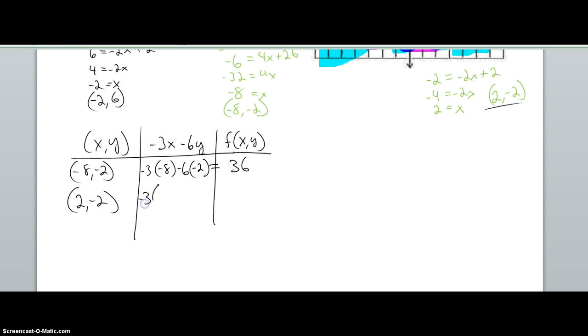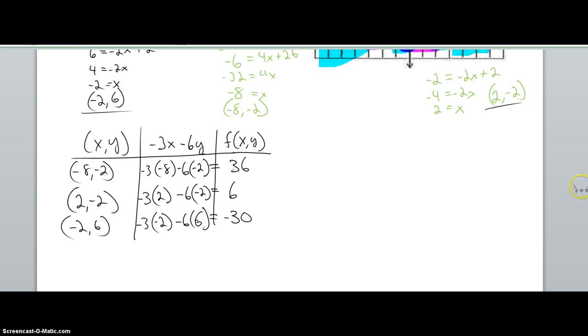Plug that in, and we get negative 3 times 2 minus 6 times negative 2. Multiply all of that out, and we will get 6. Last vertex, (negative 2, 6). Plug that into our optimizing equation, and we get negative 3 times negative 2 minus 6 times 6, and we multiply that out, and we get a whopping negative 30.